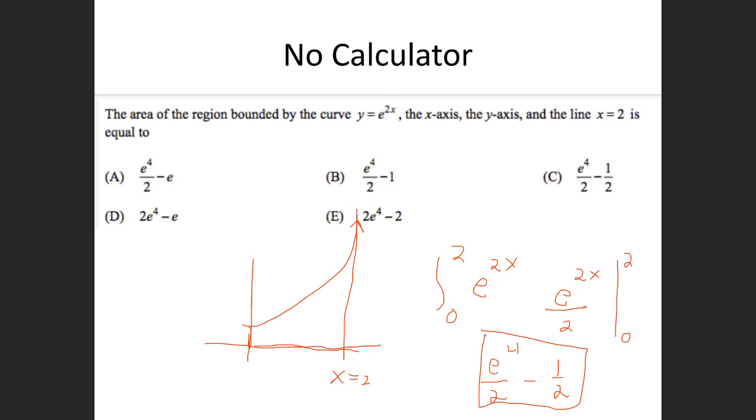Now, do you see how the AP exam, what are they checking on this problem? Well, they're checking to see if you know how to find the area between two curves. They're also checking to see if you know how to take the integral of e to the 2x. When you take the test, it's not like so many of your math classes previously, where it's just one type of problem and you just do that.